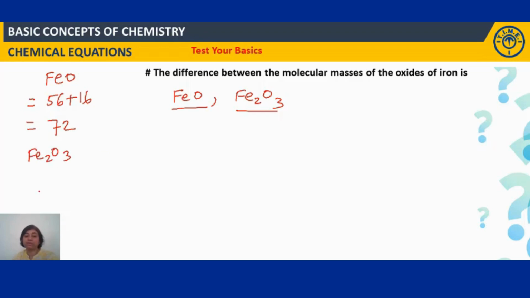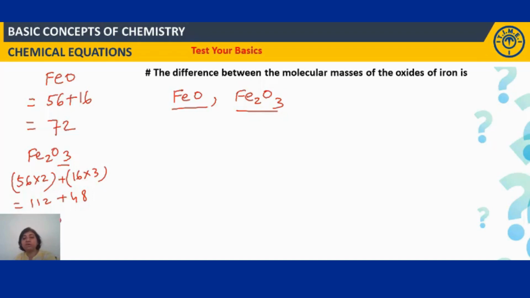Now Fe2O3. You do it. I'm waiting for you. Okay. Now you know the atomic mass of iron and oxygen both. So how will you do it? Iron atomic mass 56, you have to multiply it by 2 plus oxygen is 16. Since 3 oxygen atoms are there, you have to multiply it by 3. So 112 plus 48 is equal to how much? 160.